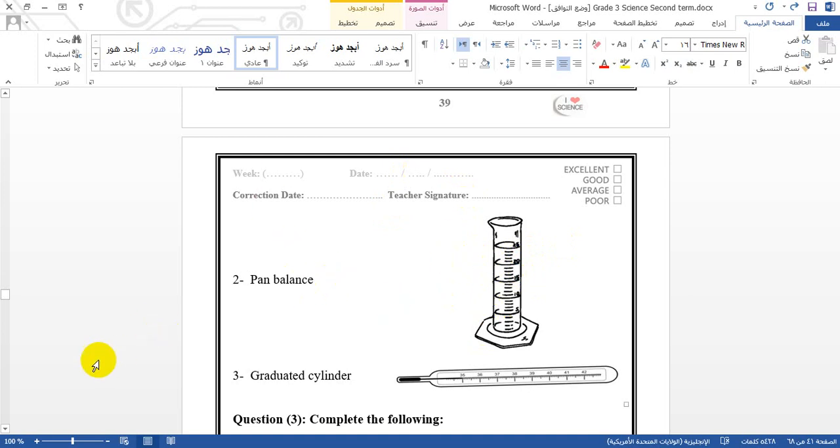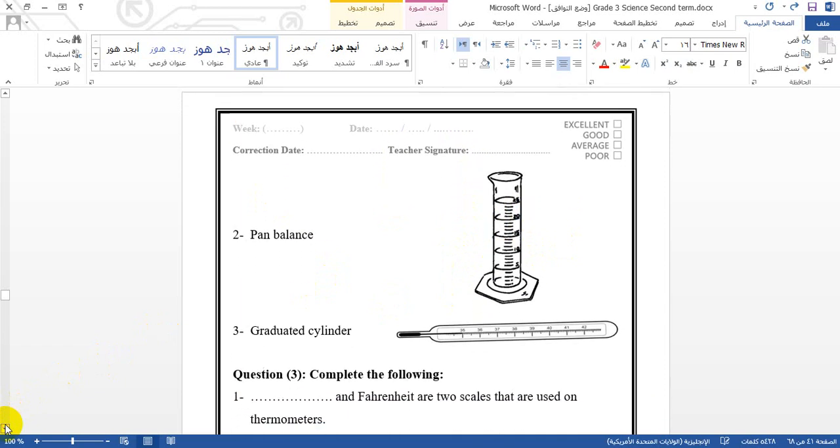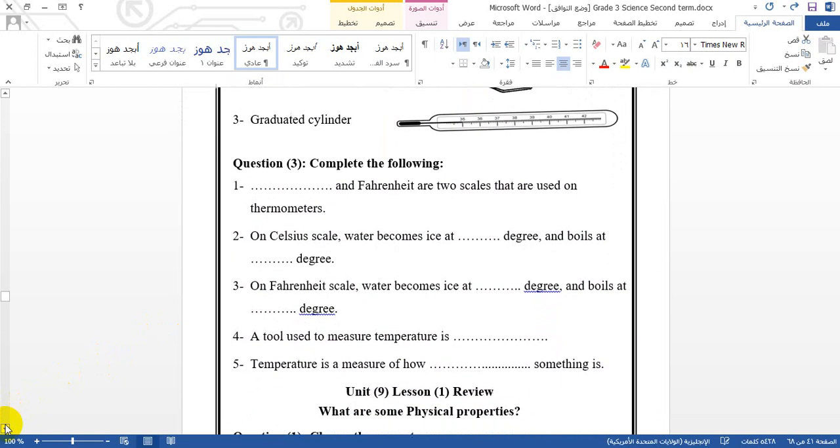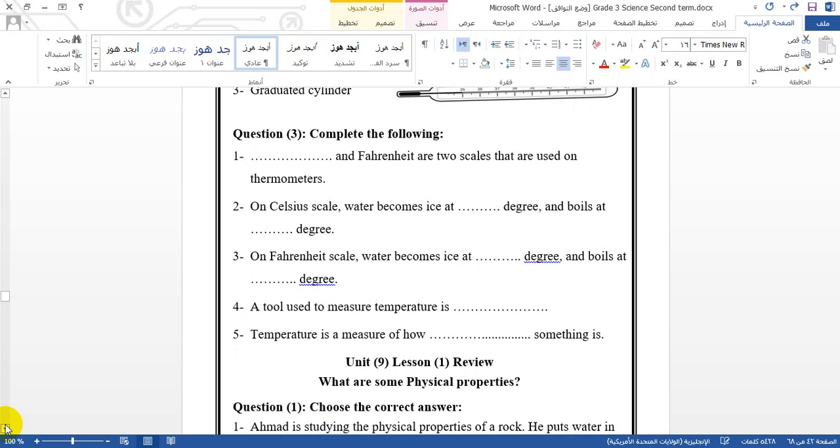Okay guys, so let's go to the next question, question number 3 now. I will solve it fast because I know that we take a long time. For that reason I will start with number 1. Fahrenheit and Celsius are 2 scales that are used on thermometers.